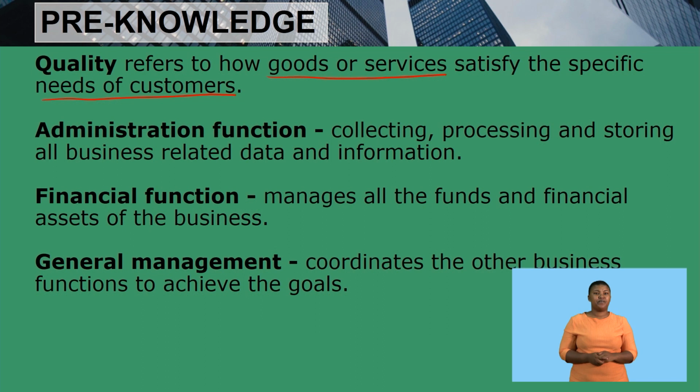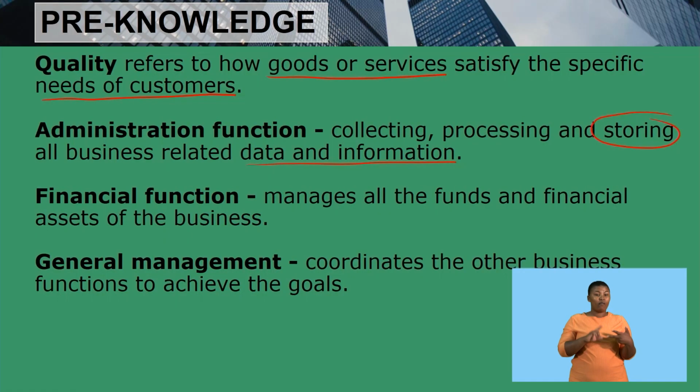Then administration function, by this time you should be familiar with the administration function. They are responsible for collecting, processing and storing of data and information. So it is this function that will keep records of all transactions that happen in the business, all contracts, everything communicated, etc. Our financial function, remember finances refer to money, and they will then manage all our funds and financial assets in the business.